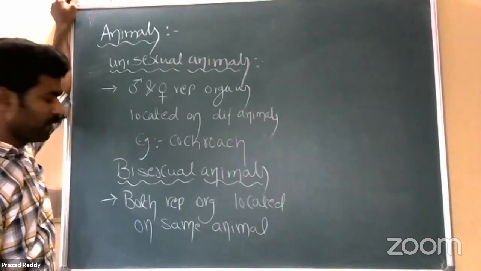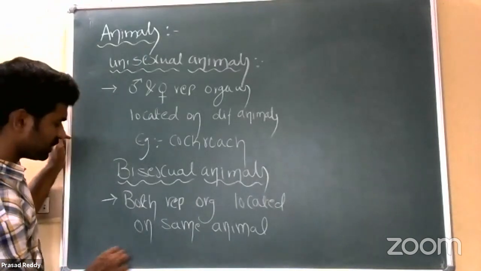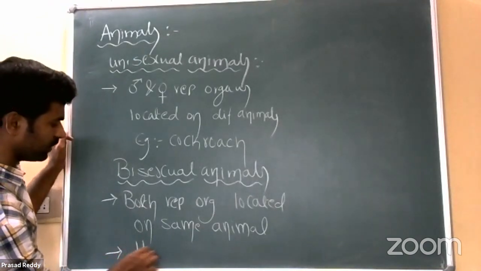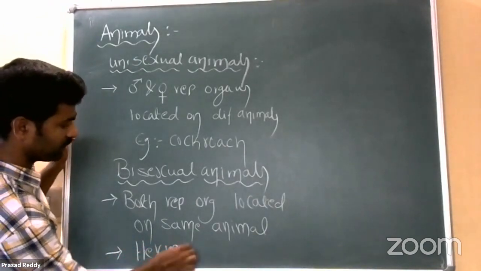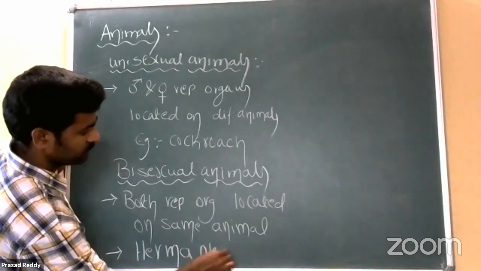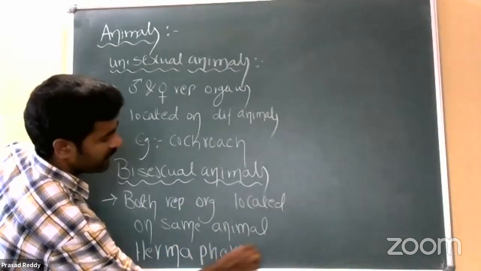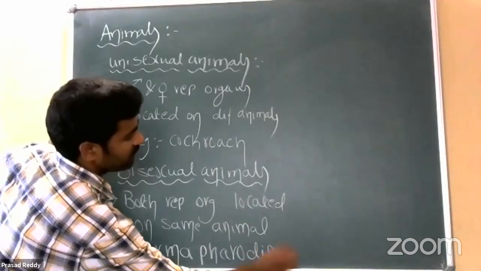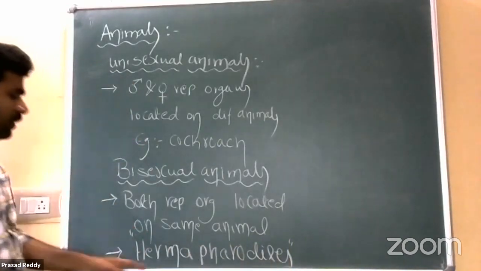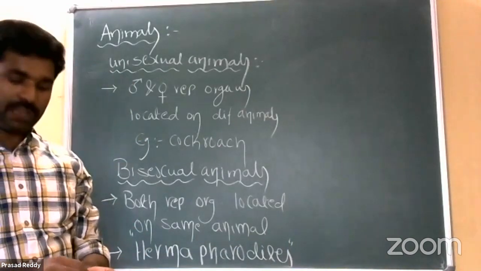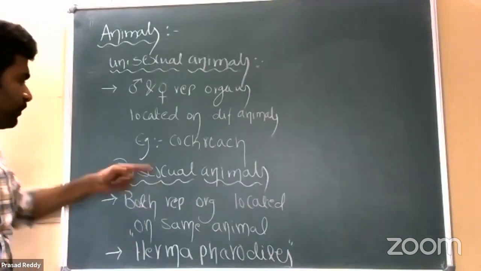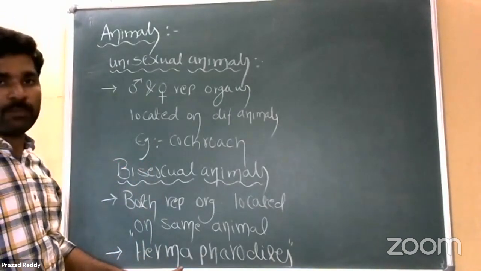These bisexual animals are also called hermaphrodites. Hermaphrodites are the other name for bisexual animals.